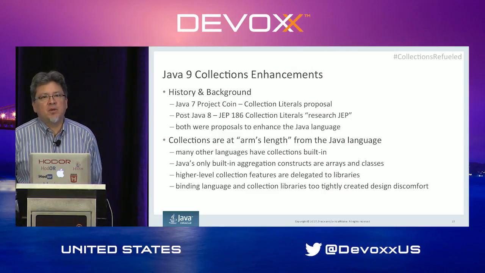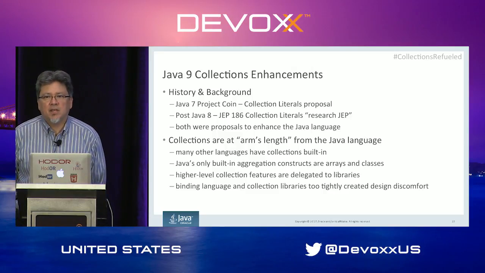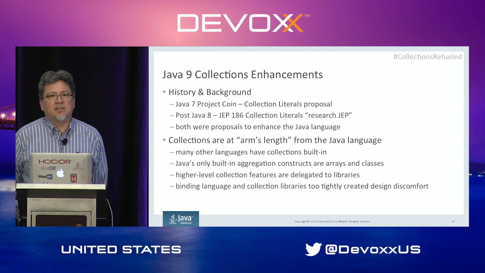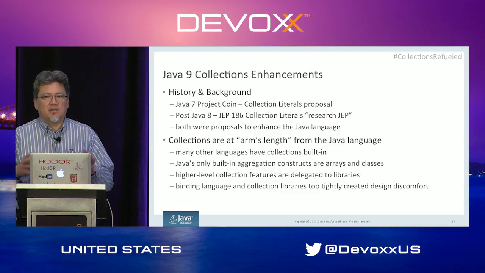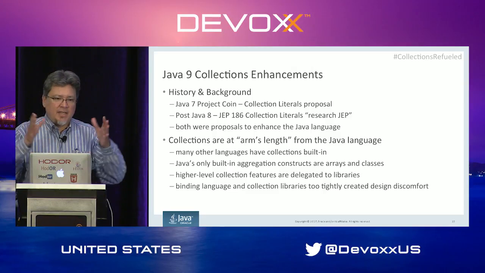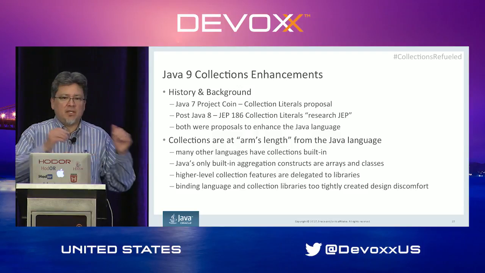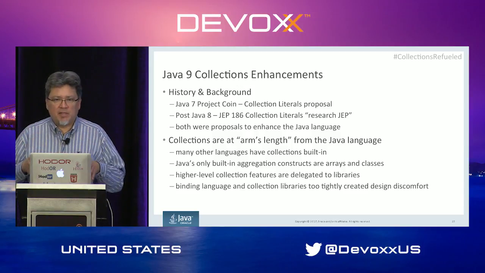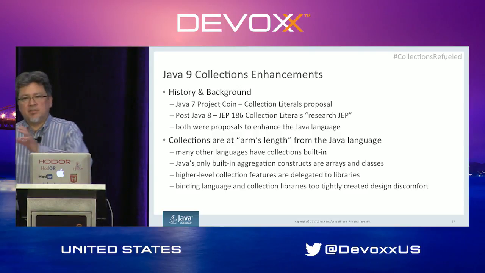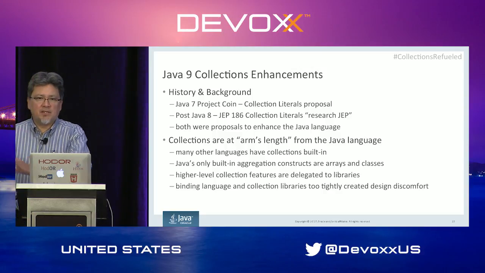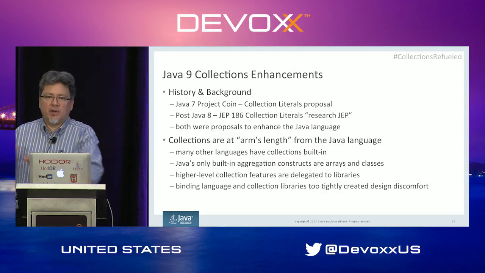I think the most succinct way to explain that decision is to observe that unlike many other languages and systems, Java has a clearly defined architecture where the JVM is separate from the Java programming language, and the programming language is in turn separate from the libraries. And collections are a library construct.